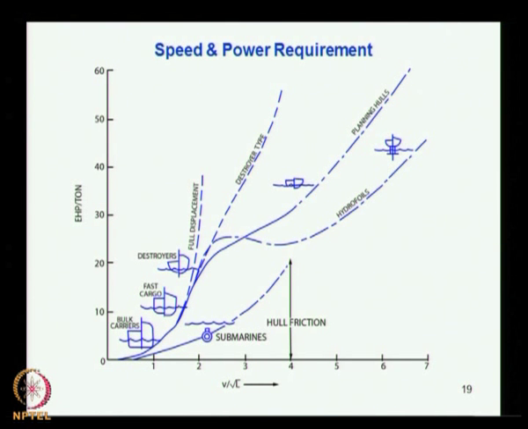And here, for the power requirement, you can see that at a particular EHP per ton, if you take 40, or you take 30, a deep displacement vessel can take only a speed of V by root L of 2, whereas the destroyer is slightly higher, and if you look at the planing craft, for the same power it attains a much higher speed.